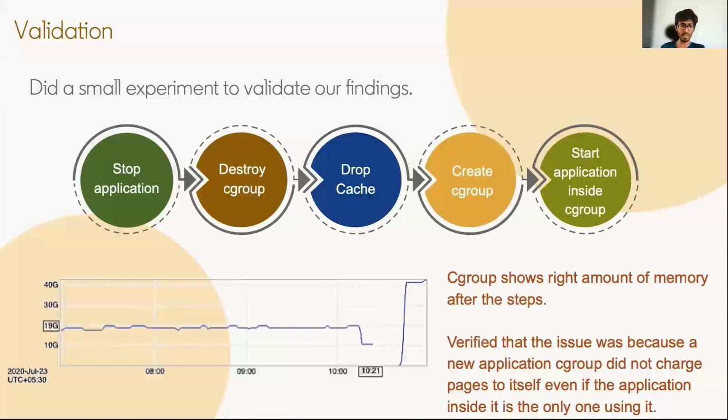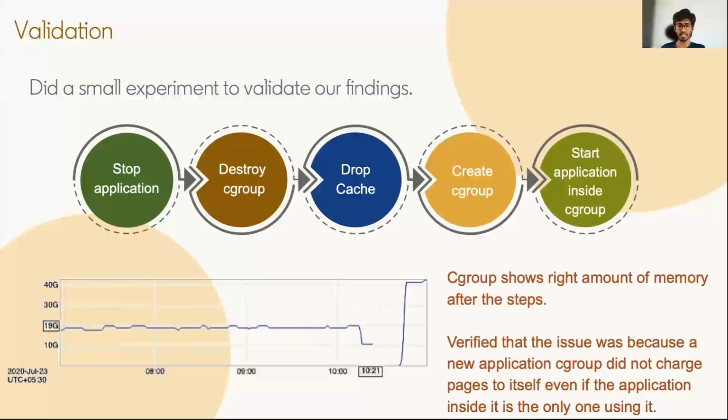So we went and stopped the application, and the page cache dipped, and we went and destroyed the C group. And we did a drop cache. Then we created the C group and started the application. So once it started, we can see this huge spike, and it started accounting for the entire memory very well.